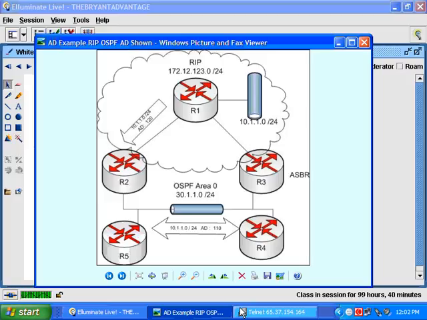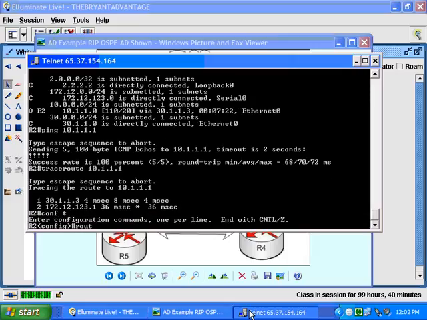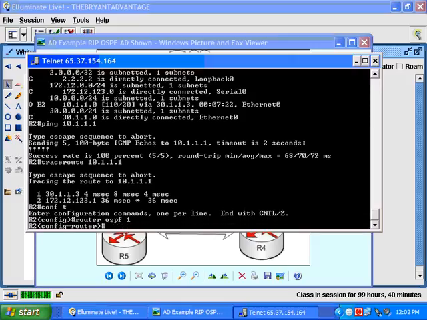But what we're going to do here is actually change the administrative distance of OSPF on router 2. That's the one we're going to select. And this is how to change the AD of a protocol on a router. Very simple, but you've got to know the command. We actually do this with the distance command.